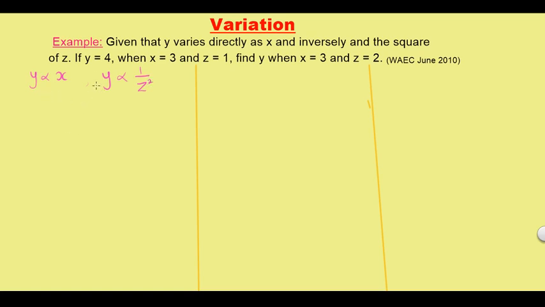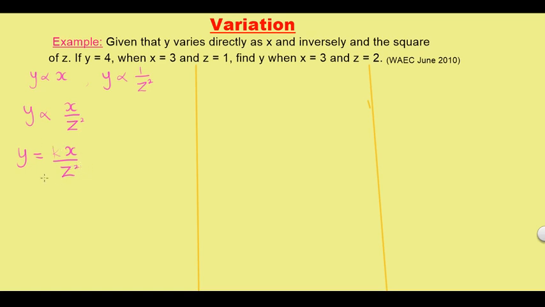So if we combine this, we can say y varies directly as x over z square, which mathematically becomes y equals k, the constant of proportionality, times x over z square.